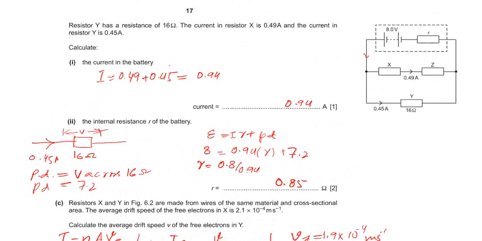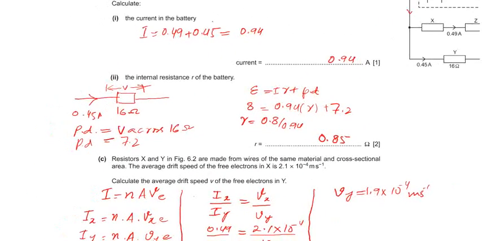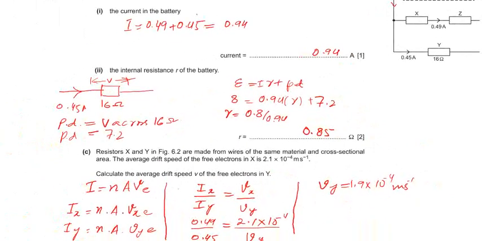Next, the internal resistance r of the battery. Before we check the internal resistance, let's note that the potential difference across Y, across Z, and across this terminal is the same. So the potential difference across this 16 ohm is, V equals IR, 0.45 ampere times 16 ohm, which equals 7.2 volt.